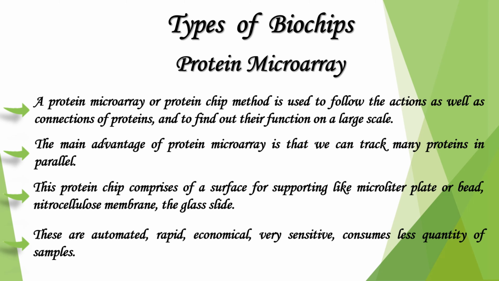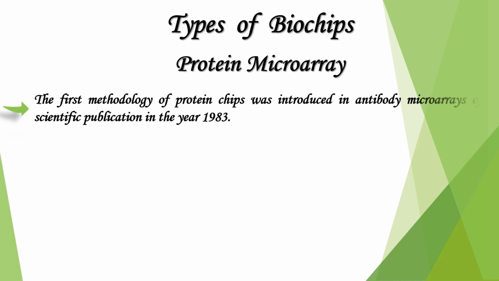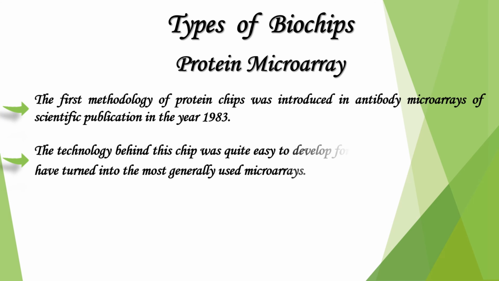These are automated, rapid, economical, very sensitive, and consume less quantity of samples. The first methodology of protein chips was introduced in Antibody Microarrays in a scientific publication in the year 1983. The technology behind this chip was quite easy to develop for DNA microarrays, which have turned into the most generally used microarrays.